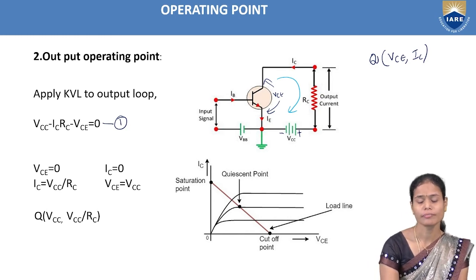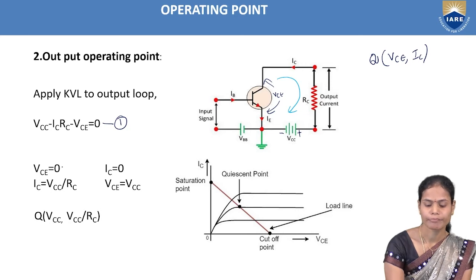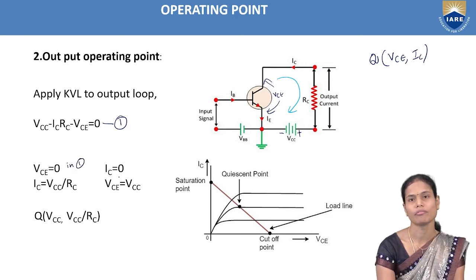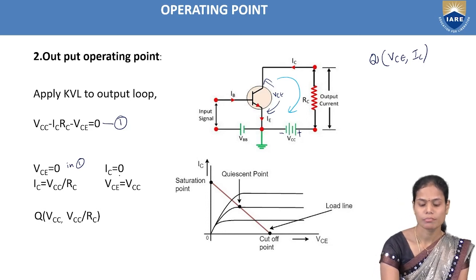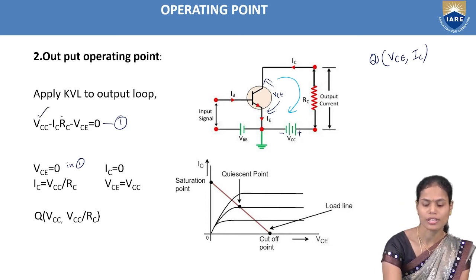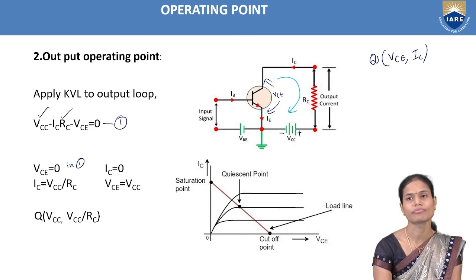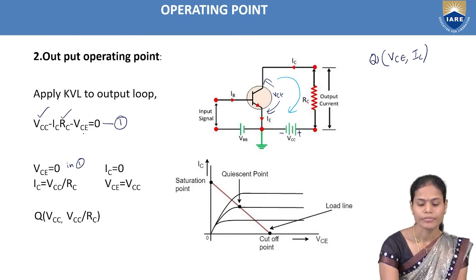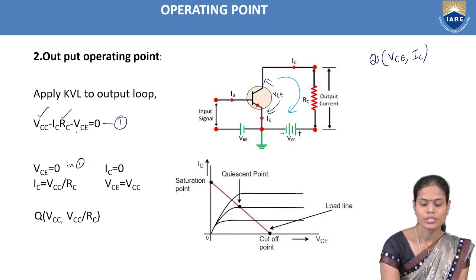So to find the collector current IC, I am putting VCE equal to 0 in equation 1. Why are we doing this? Because VCC as well as RC values are fixed. Once VCE equal to 0, we get IC equal to VCC by RC.